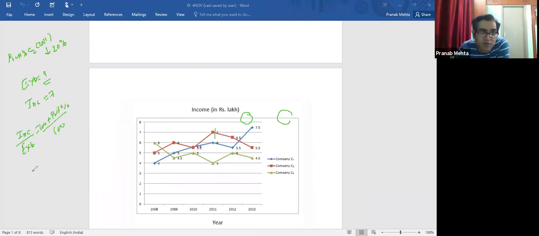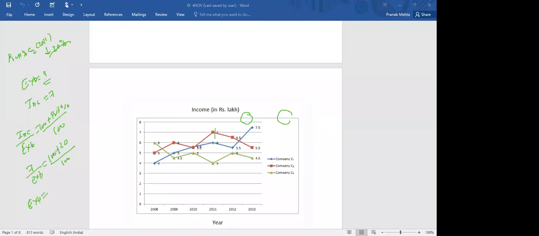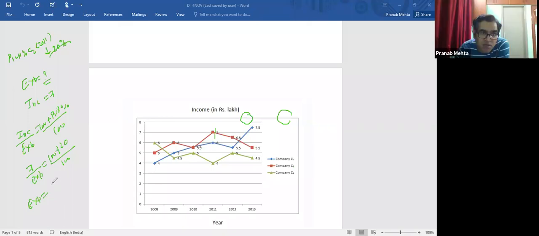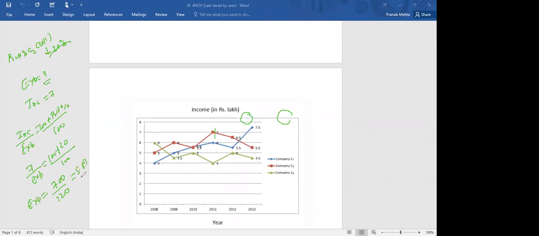Income is 7, I don't know expenditure, and profit percent they have given in the question as 20%. Now I will do cross multiplication: expense equals 100 into 7, which is 700, by 120. So 700 by 120 gives 5.83.